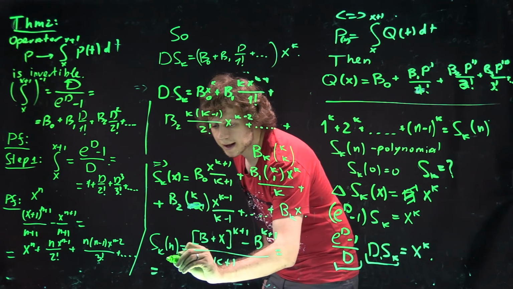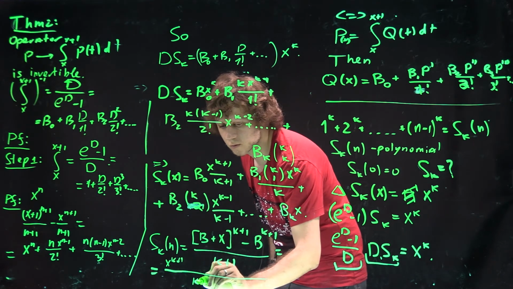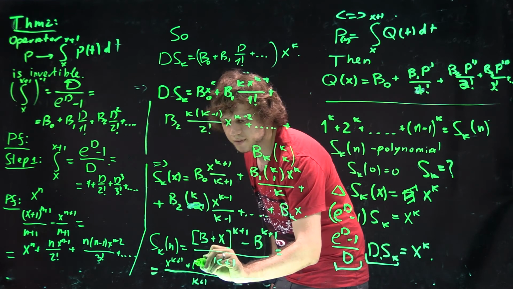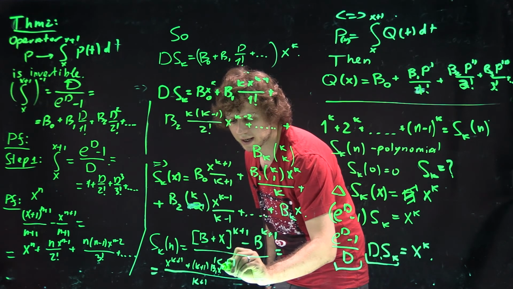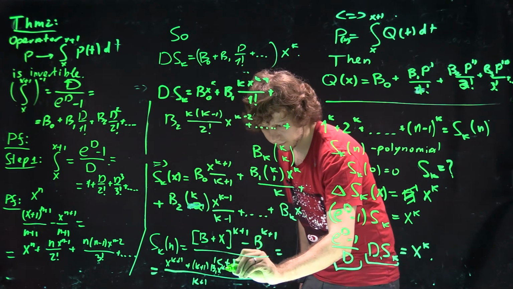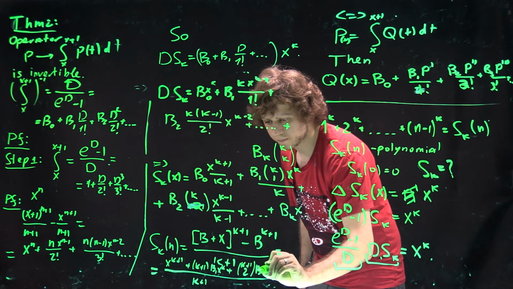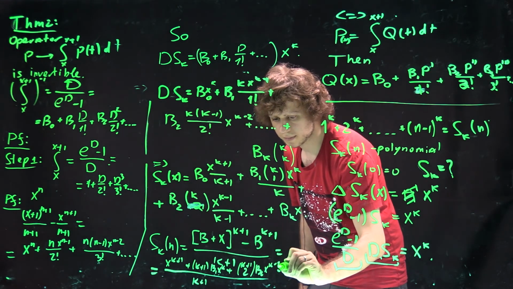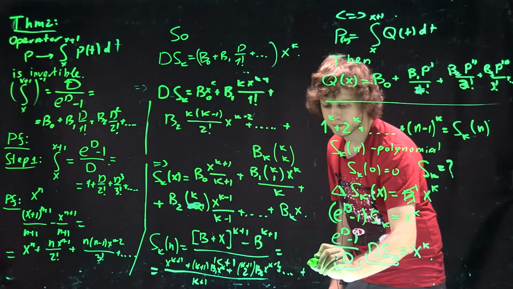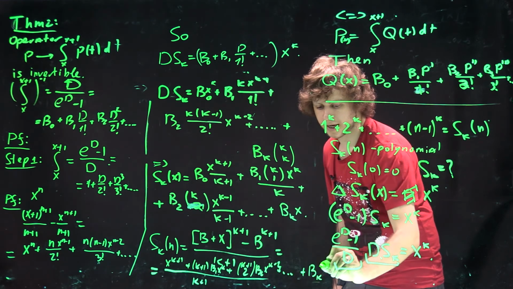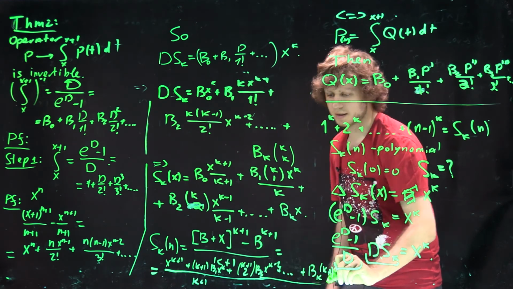So you will see x power k plus 1, everything divided by k plus 1, plus k plus 1 times b1 x power k, plus k plus 1 choose 2, b2 x power k minus 2, plus and so on, and it ends with bk times k plus 1. So that's the mnemonic formula.